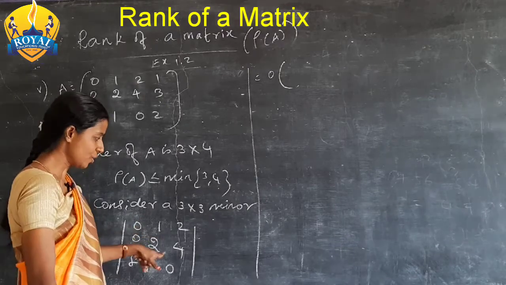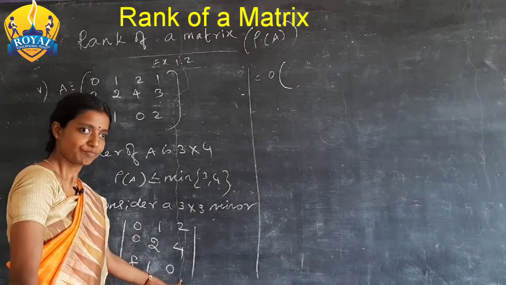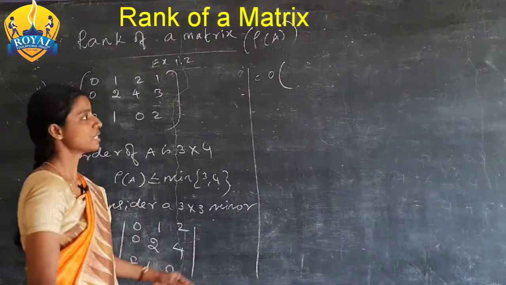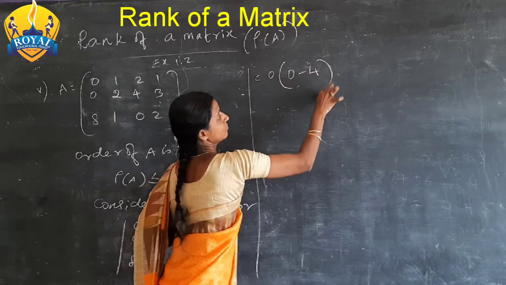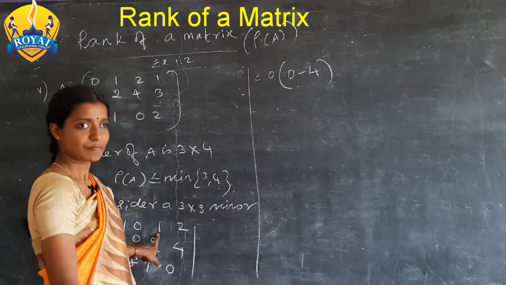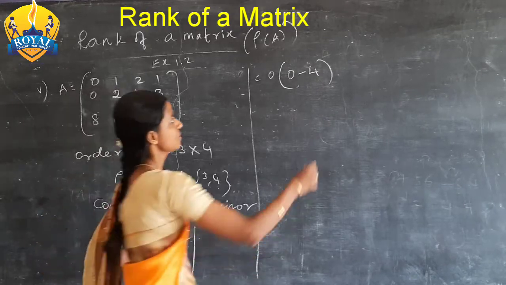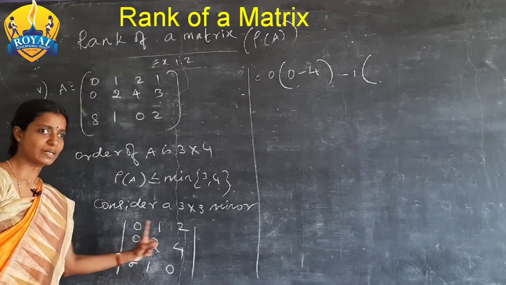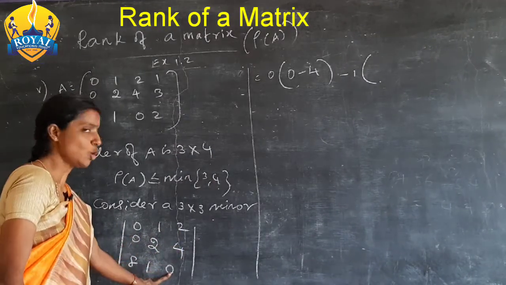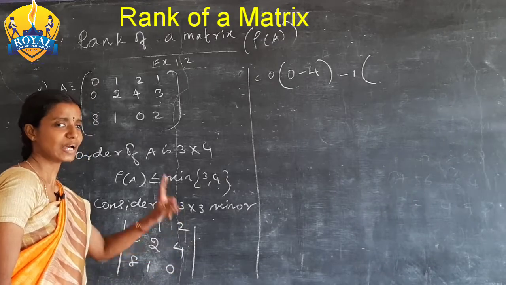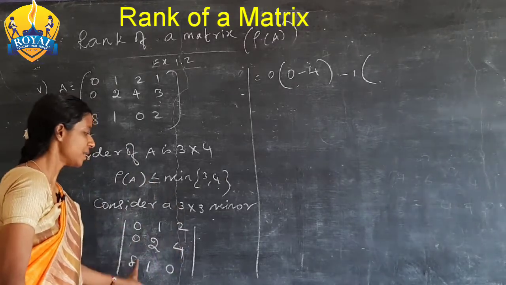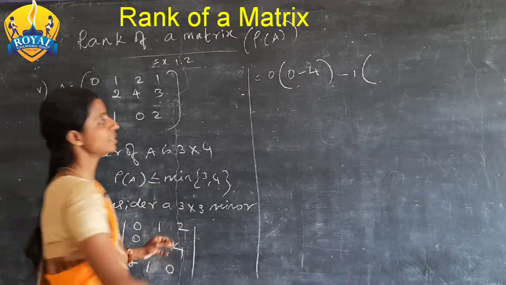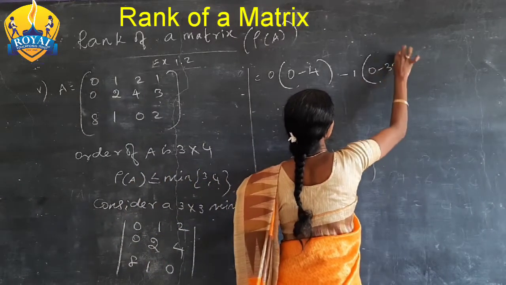The minor of this 0 is 2, 4, 1, 0. I am going to multiply directly, so 0 minus 4. Now next 1. Here my position sign is minus, so minus 1 into, deleting the corresponding column and row, I have elements 0, 4, 8, 0. So 0 zeros are 0 minus 8 fours are 32, so 0 minus 32.